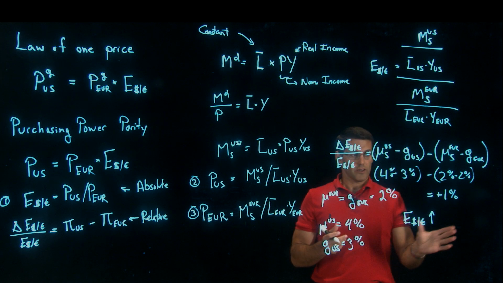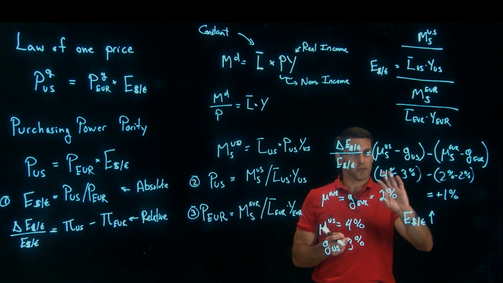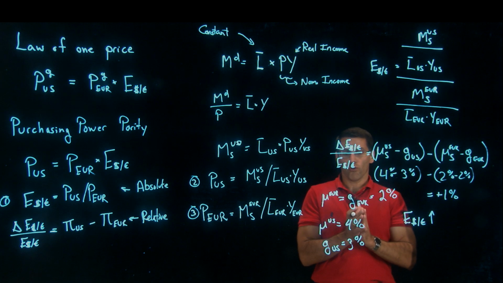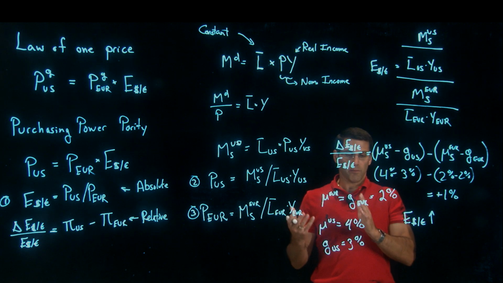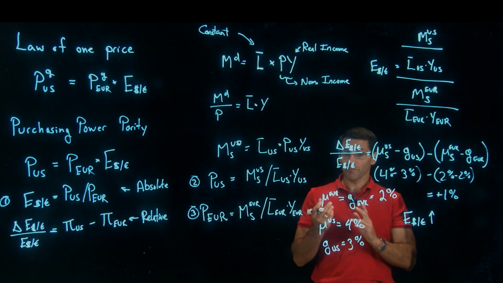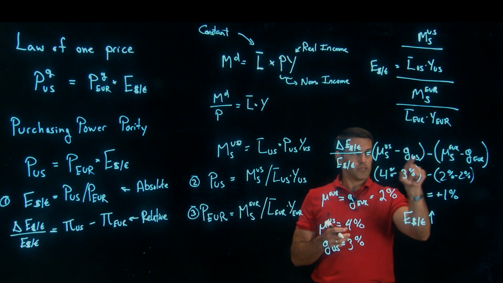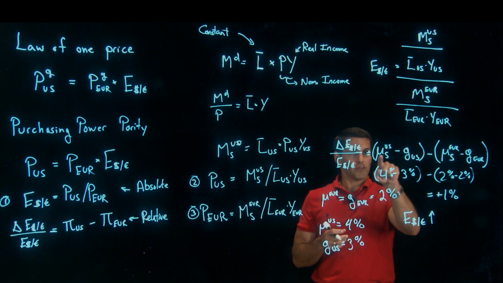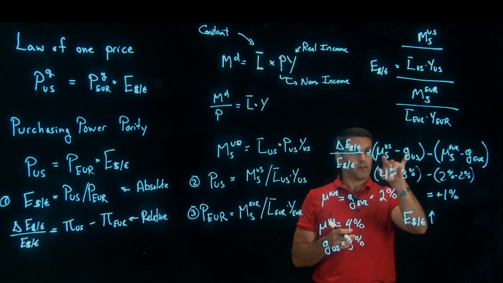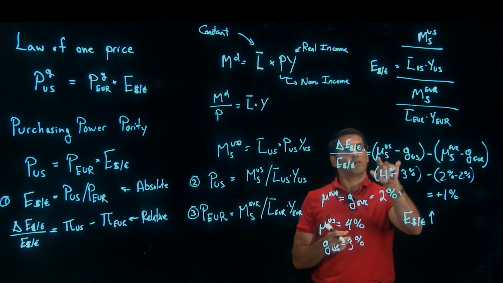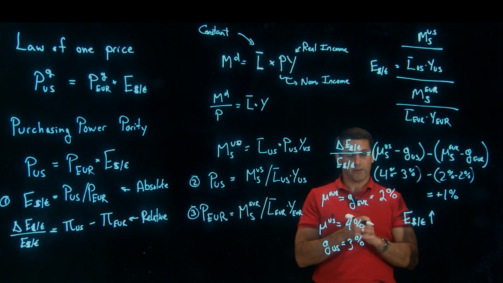Okay? And so this is how we can look at this, because if we take economic growth as given, not affected directly by monetary policy, at least in the long run, then monetary policy is really just affecting the growth rate of the money supply. It's one type of monetary policy.